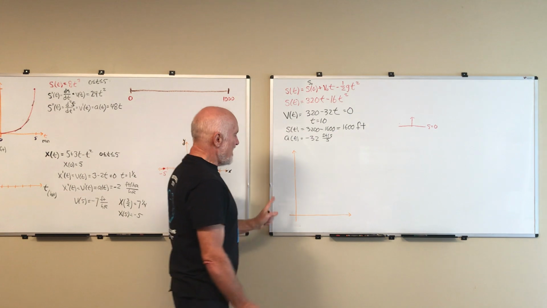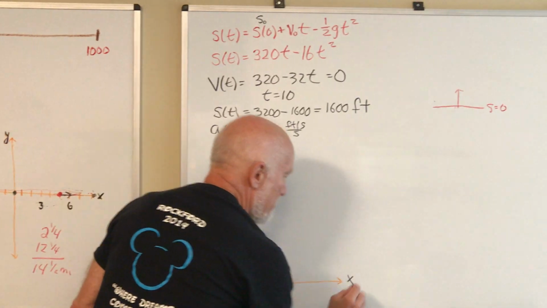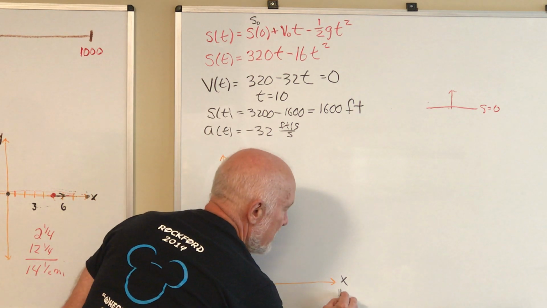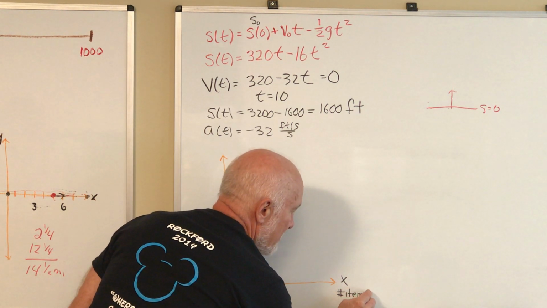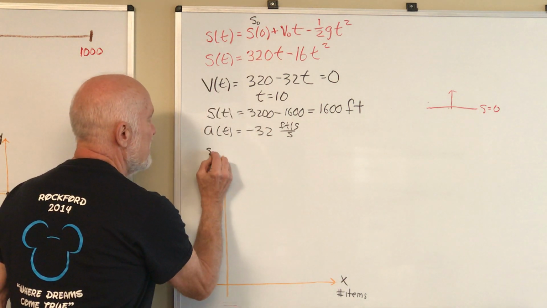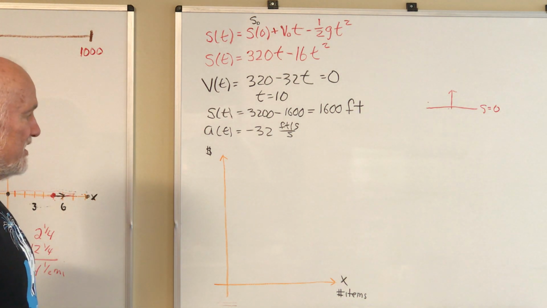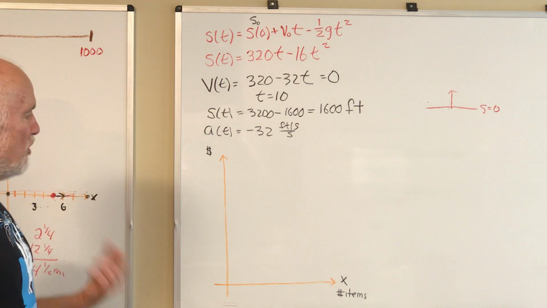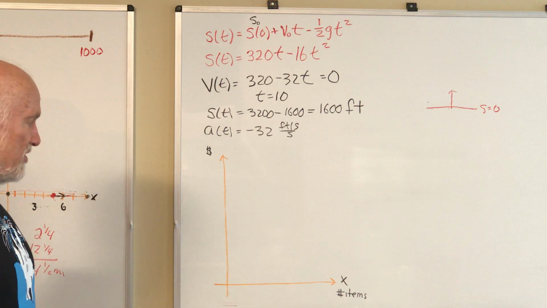So this time, I'm going to let X represent the number of items that I'm making. And up here, my other variable is going to be in dollars. So I want to know, first of all, the cost to produce X items.